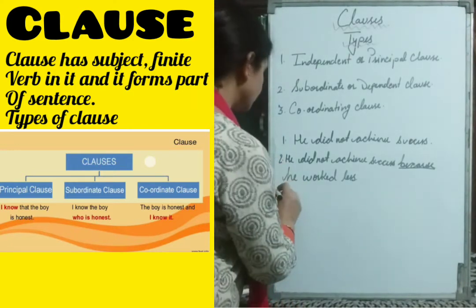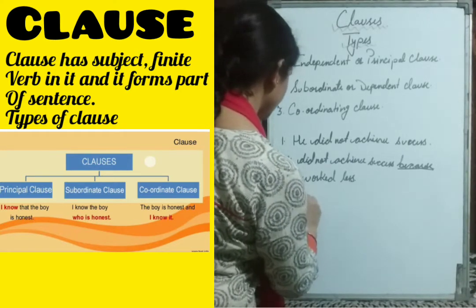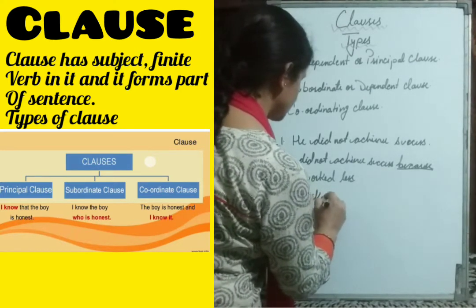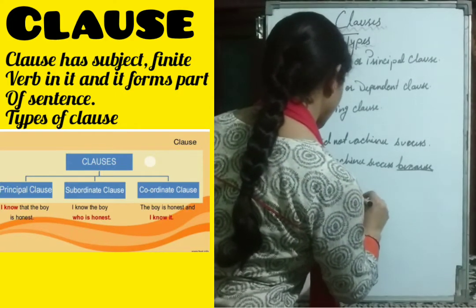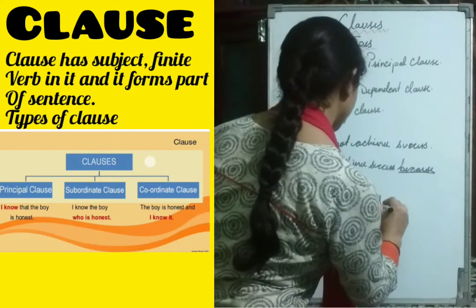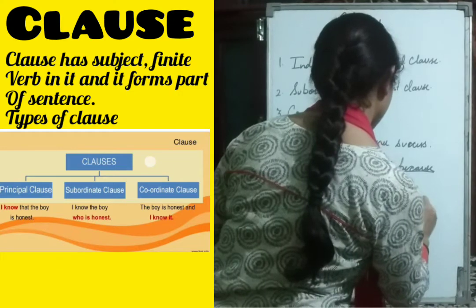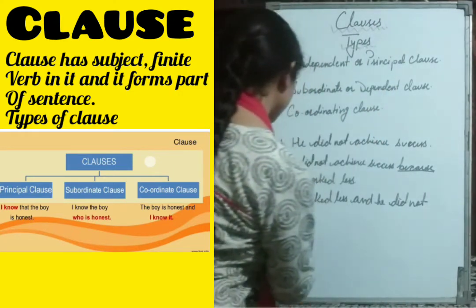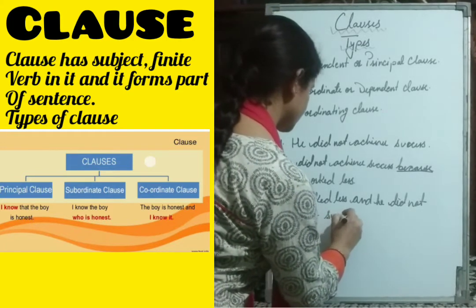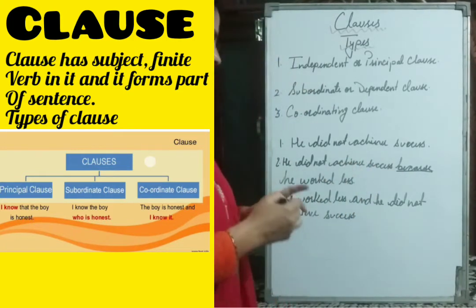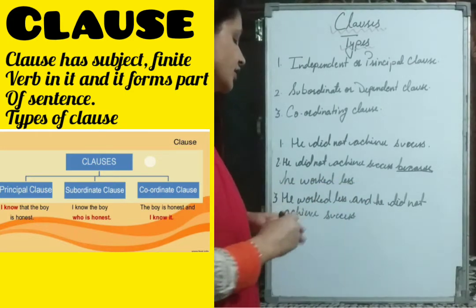Now the third example, for the coordinating clause: he worked less and he did not achieve success.